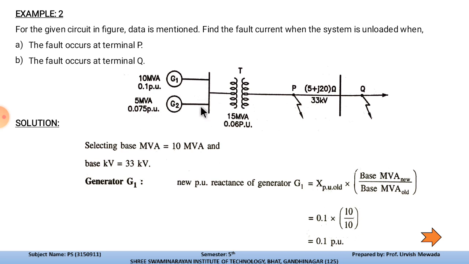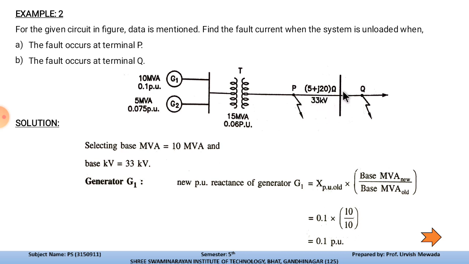Both generators are connected with a transformer having a base of 15 MVA at 0.06 pu, and this is the line connected to Q. This is the point P where the fault will take place, and the line impedance is 5 plus j20 ohm, and the base kV is 33 kV.